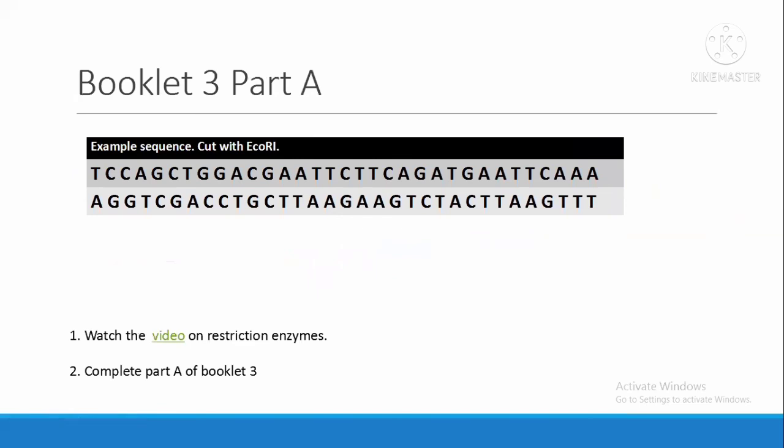For example, we have a piece of DNA. We can see the portion of DNA that contains a specific sequence for the EcoRI restriction enzyme action site. If we look, we find at that site AATT. This is a site where the restriction enzyme acts, and the next site is here, AATTC.